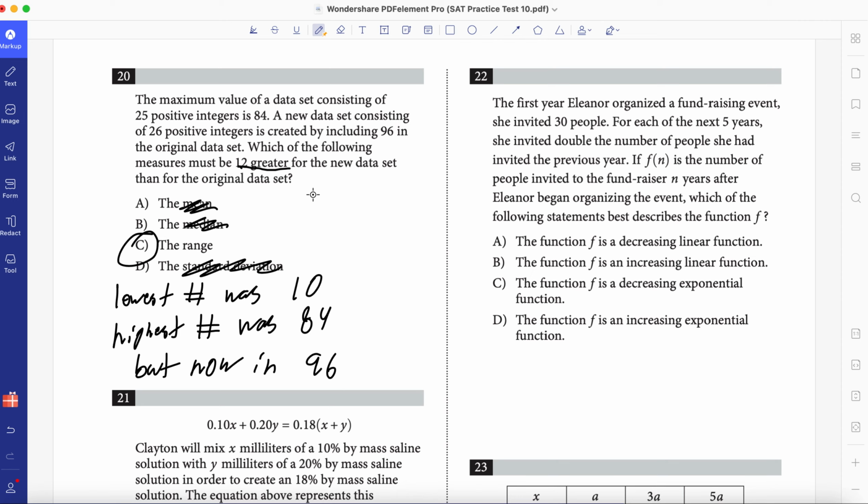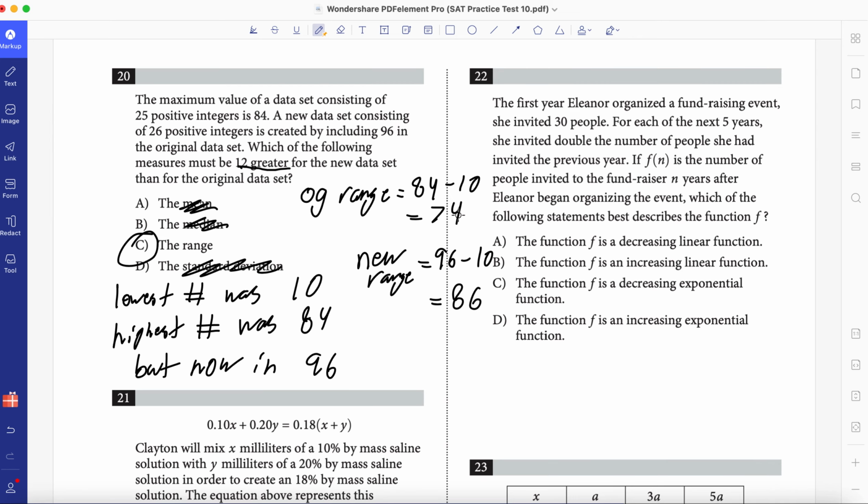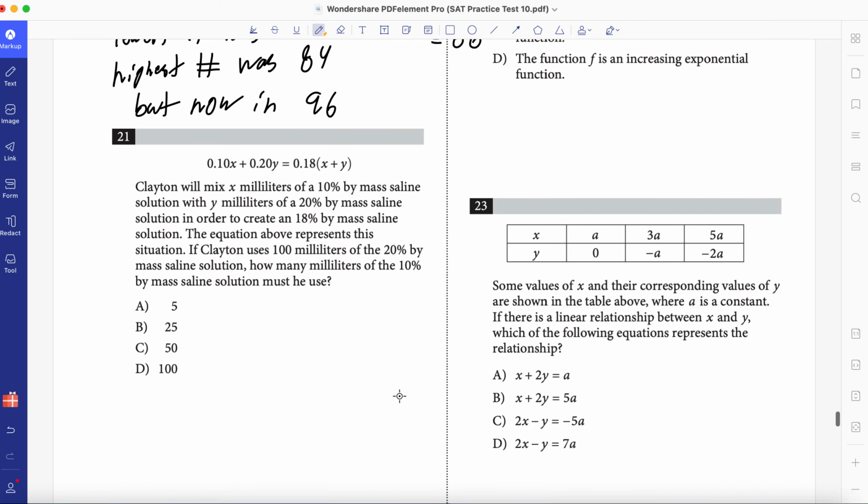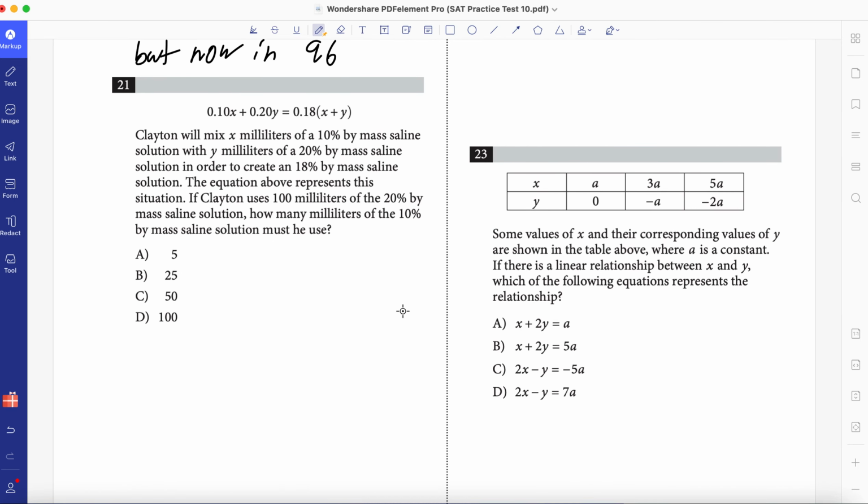The original range, so let's just write OG range, is going to be 84 minus 10, which is going to equal 74. And the new range is going to equal the biggest number, which is 96, minus the smallest number, which remains 10. This is going to equal 86. So the number did go up by 12 because the greatest number went up by 12. And now here's number 21.